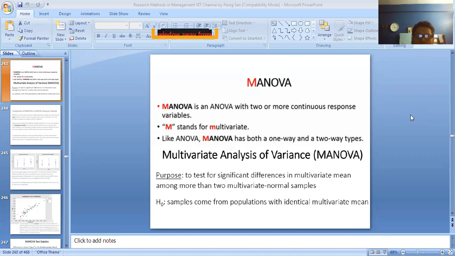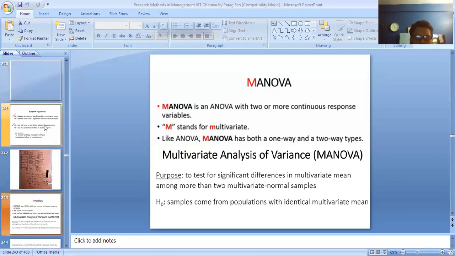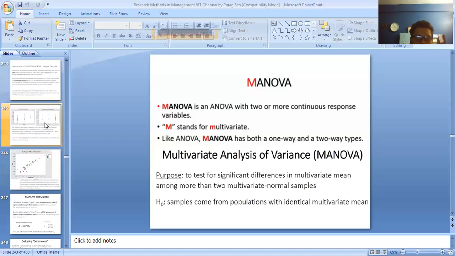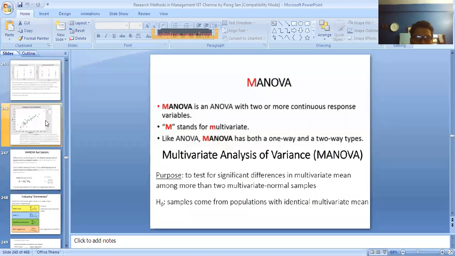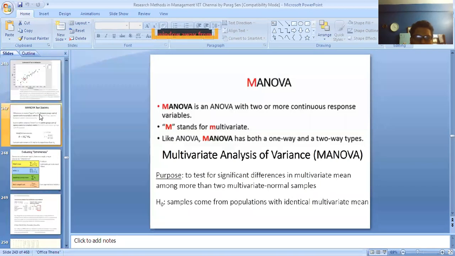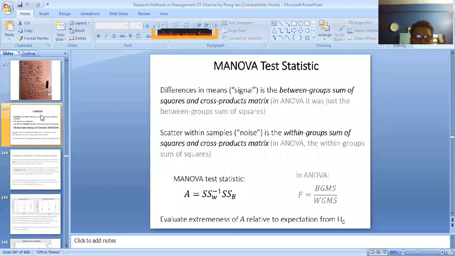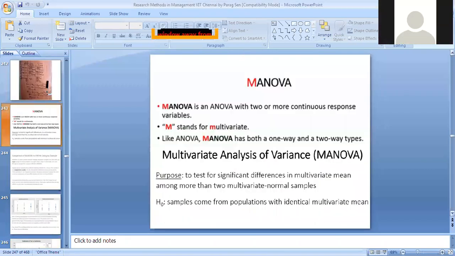This is MANOVA. In the previous class we talked about two-way ANOVA. Okay.